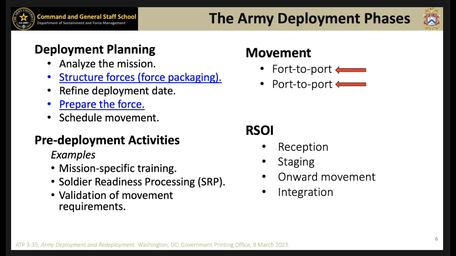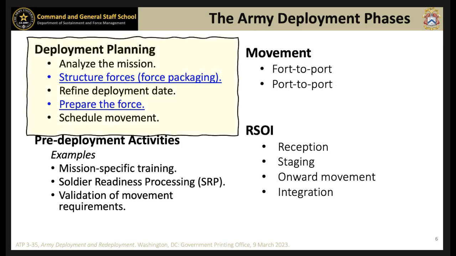Noting this exception, we can observe that the terminology used to describe the Army deployment phases is in sync with the joint process. The joint process includes a planning phase at the outset, whereas the Army considers planning to be woven through all the phases. Deployment planning informs all subsequent actions. We'll explore the different steps of this phase a little bit later.